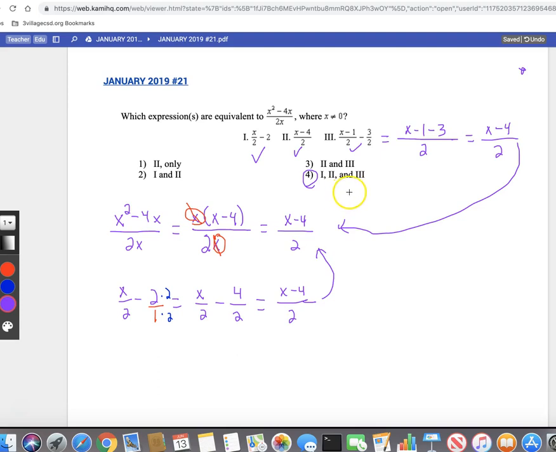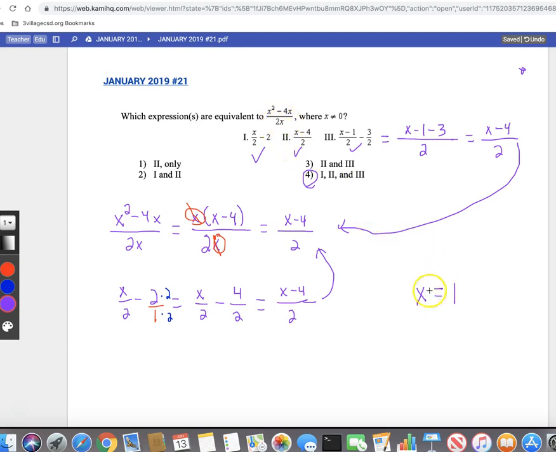I hope that this was helpful in understanding this particular problem. I will say that as a multiple choice question, what you could also do if you weren't able to figure this out is choose a particular number for x, say x equals 1. I wouldn't pick x equals 0 because we can't divide by 0.